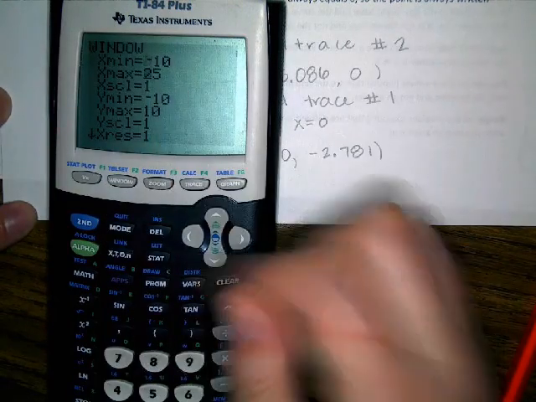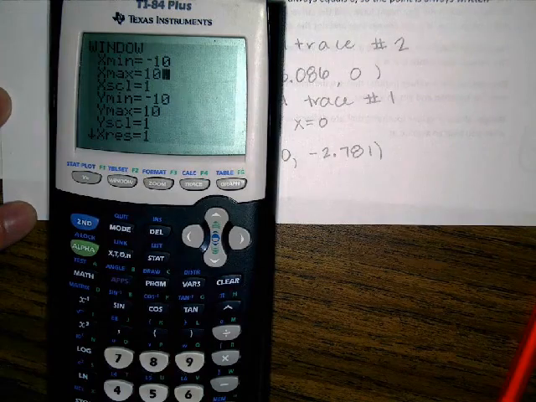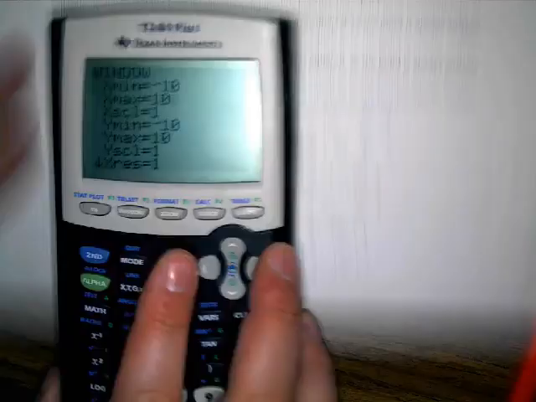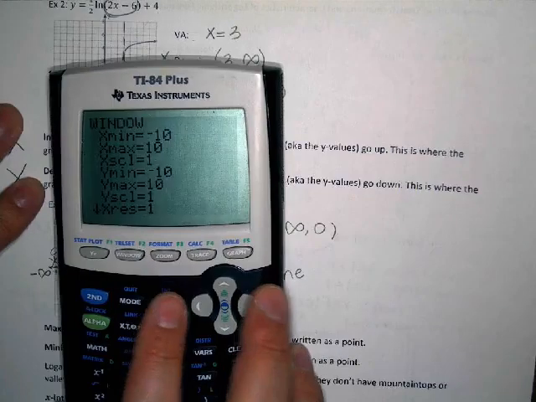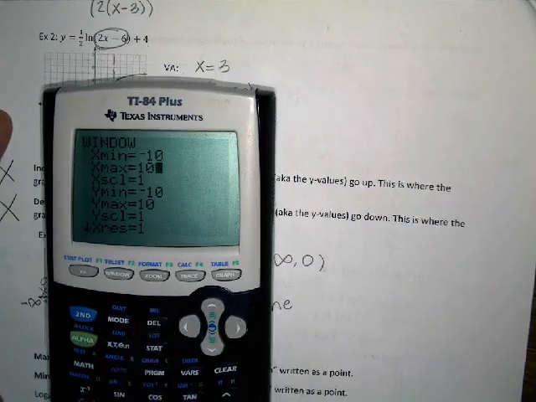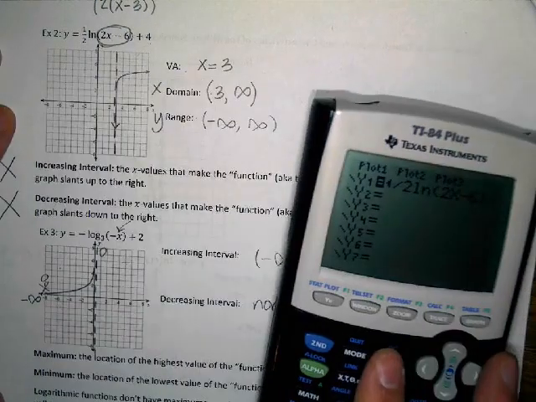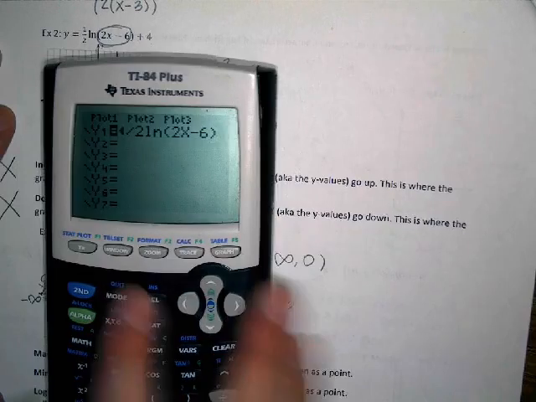Then we're going to graph example 2. We're going to do 1/2 ln 2x minus 6, and let's do plus 4. I wonder if that'll be high enough.